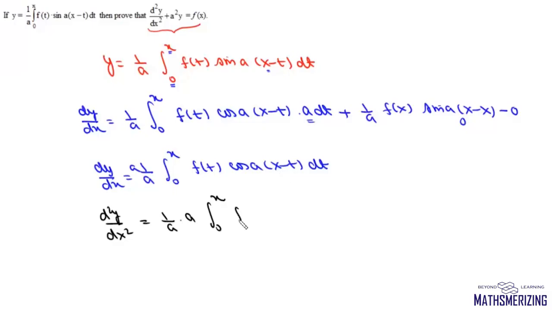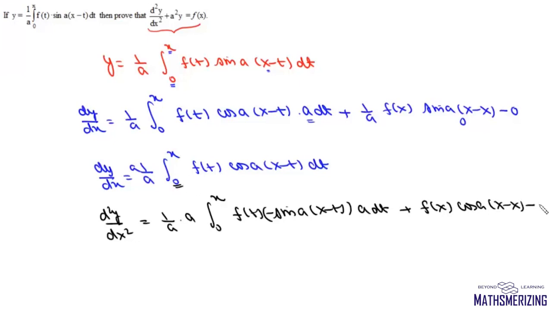So it'll be f(t) sin a(x minus t), and then we have this minus sign here, and then a dt. Now plus, we'll put upper limit, a and a will cancel. So we'll get this as f(x), and it'll be cos a(x minus x), minus derivative of lower limit will be simply 0.